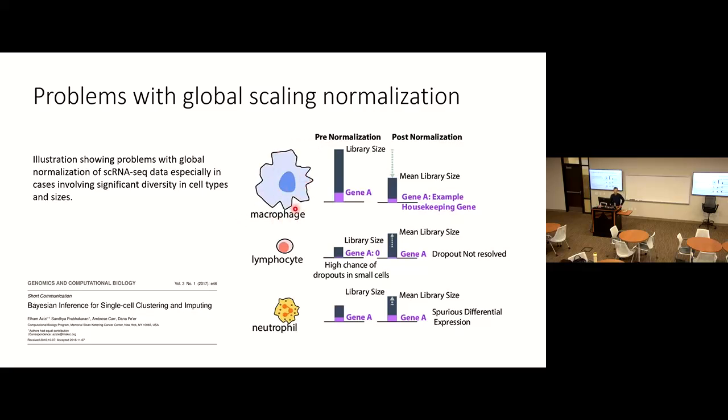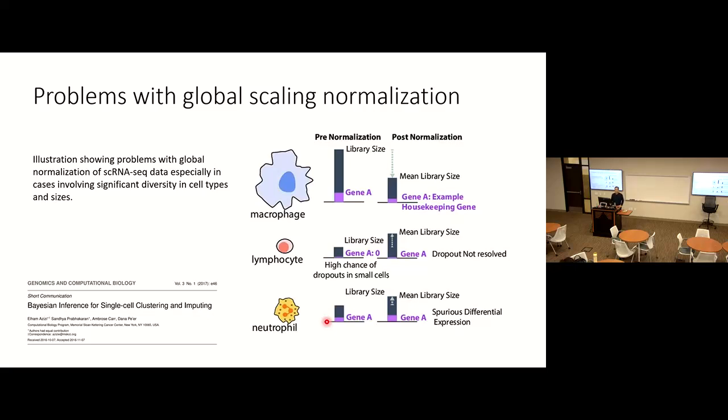The macrophage is larger than lymphocytes, so you expect its library size to be by itself larger than the library size you sequence from lymphocytes. Neutrophil maybe has a similar size or in between, okay?